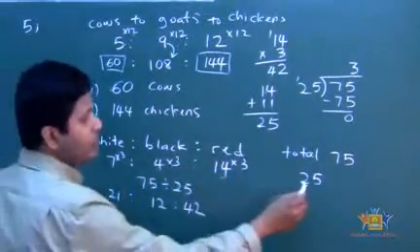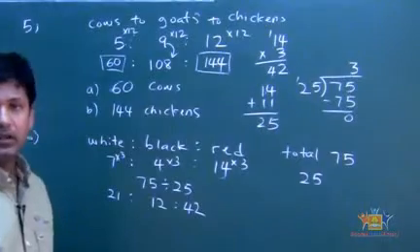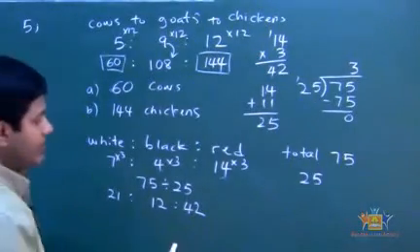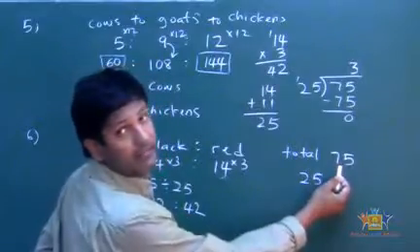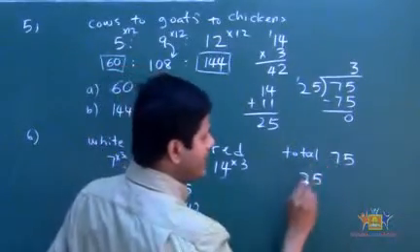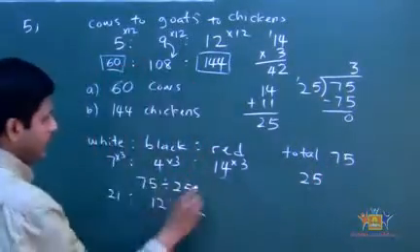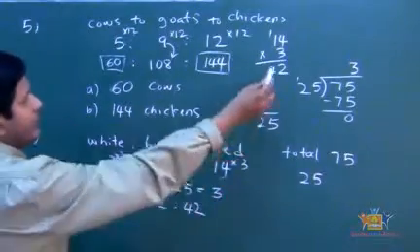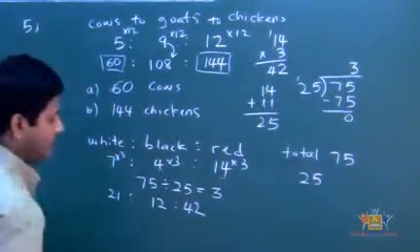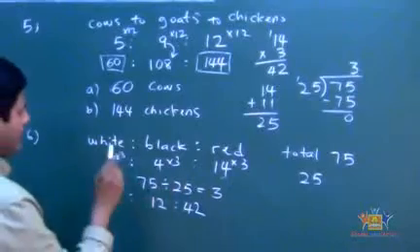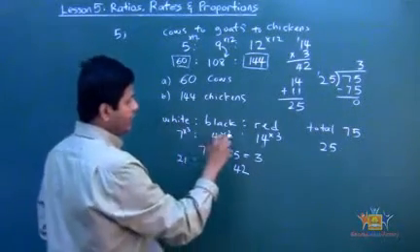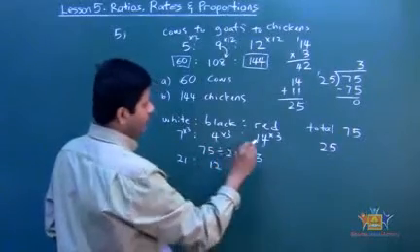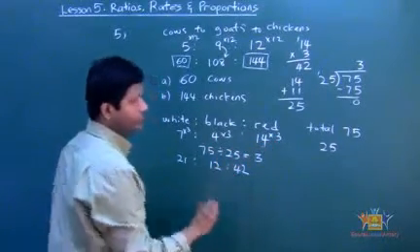When I add them, they give me 25 parts. So each part represents how many out of the 75? I take 75 divided by 25, which gave me 3. That means each part represents 3. So 7 times 3 is 21, 4 times 3 is 12, and 14 times 3 is 42.